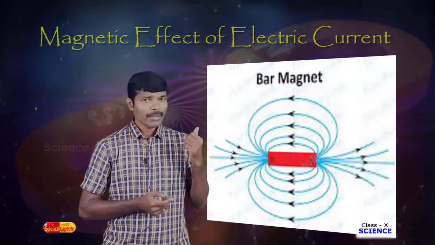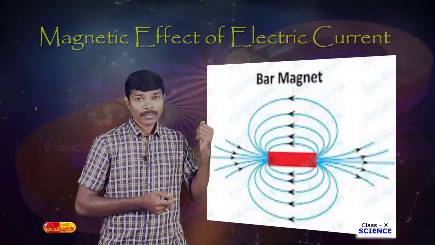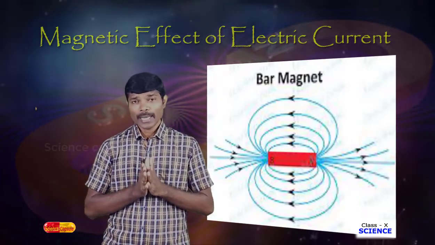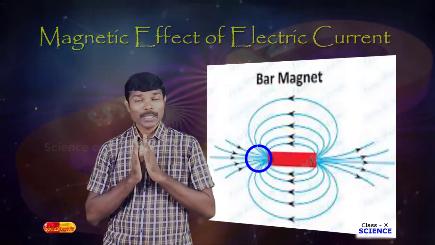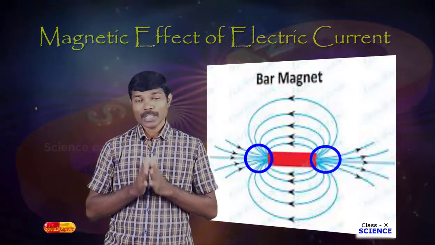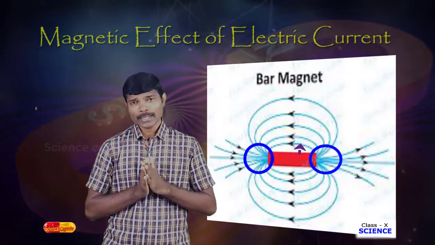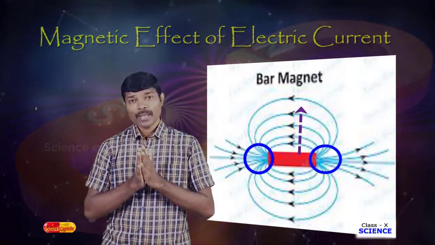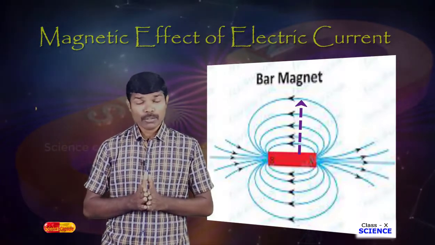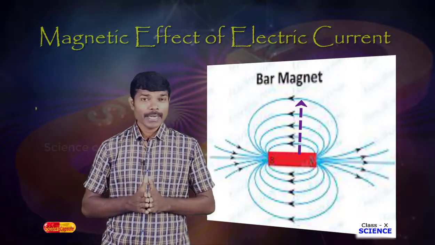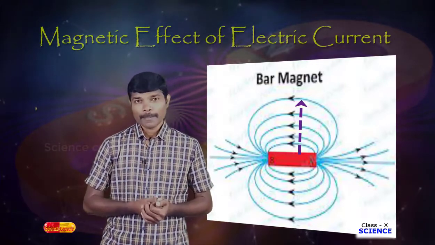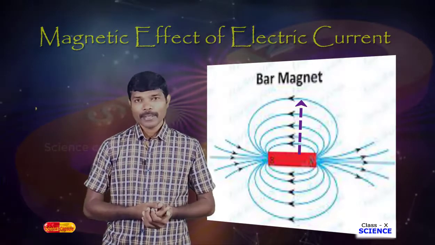The magnetic field lines can be represented by the picture as you can see on the screen, and in this picture you can see that the lines are crowded at the poles, which indicates that the strength of the magnetic field is more at the poles, whereas as the lines go away, as the distance increases, the distance between any two lines is more, which indicates that as the distance from the magnet increases, the strength of the magnetic field decreases.